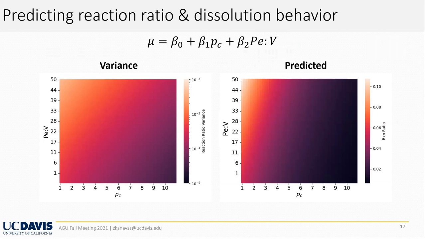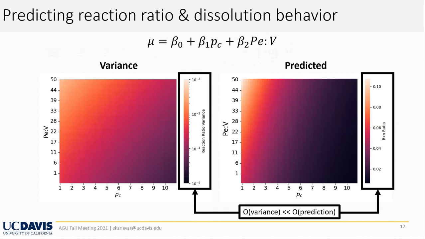From this, we observe that the prediction variance decreases with increasing PC or flow heterogeneity. Also, we see that our variance range is approximately 1 to 4 orders of magnitude smaller than that of our predicted value, indicating that our model performs substantially better than a random model.